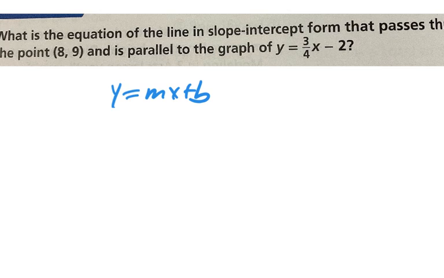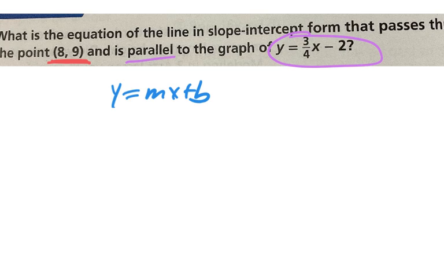It must go through this point, and it must be parallel to this line. So I'm supposed to be writing the equation of a line in slope-intercept form that goes through a point and is parallel to a different line.